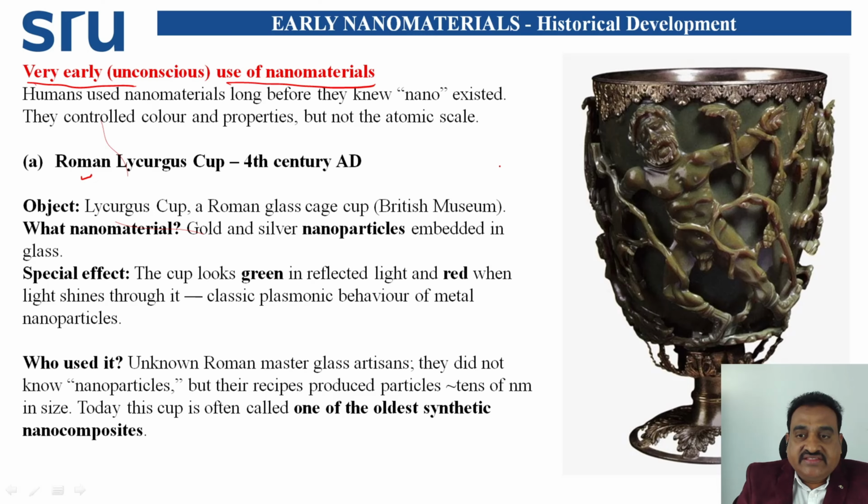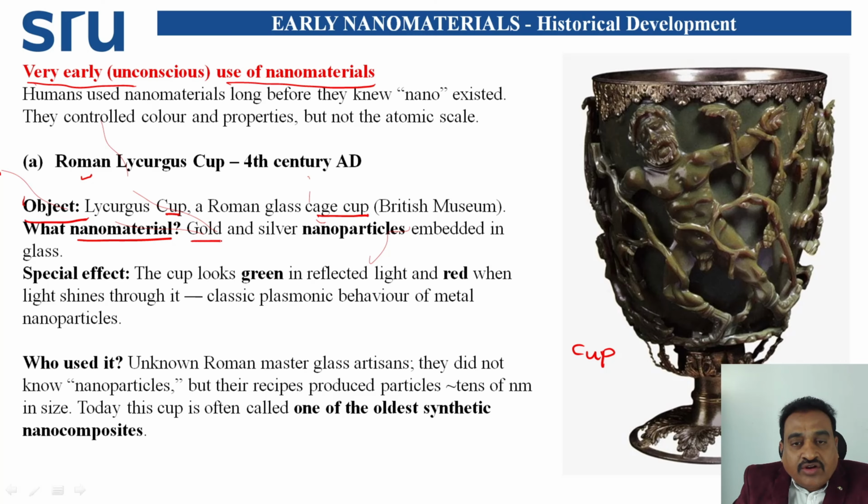So you see this cup. What is this cup? You can observe here the Roman Lycurgus cup. It was from the 4th century AD. You can see this object, a Roman glass cage cup. It is available in the British Museum. What nanomaterials are used in this cup?